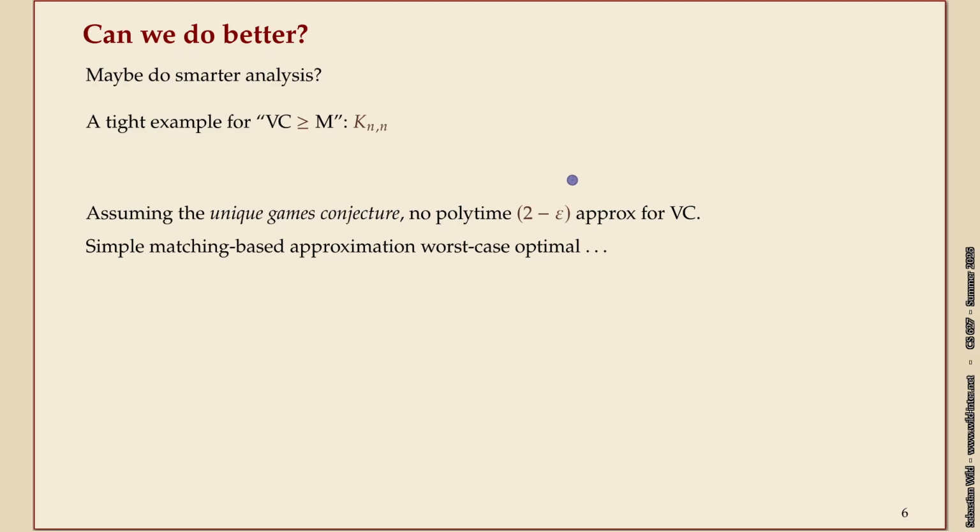But if you want 2 minus epsilon, for epsilon greater than 0 and a constant, that's unlikely to exist for vertex cover, which is somehow striking, that this very simple algorithm that we just proved correct on one slide is the best you could hope for in the worst case. It's a bit disappointing maybe, but that's what the worst case looks like.